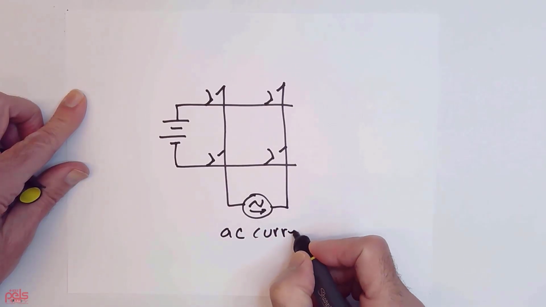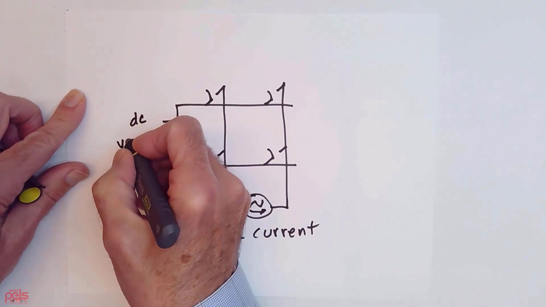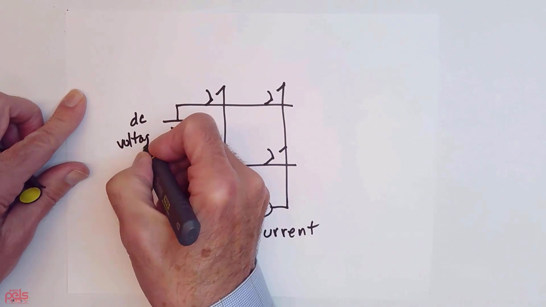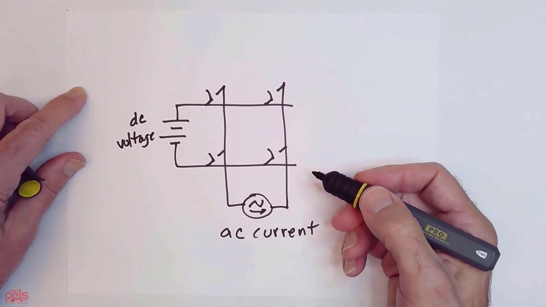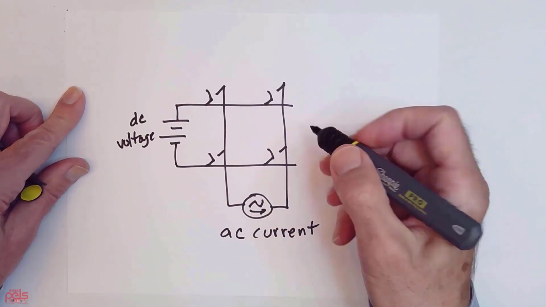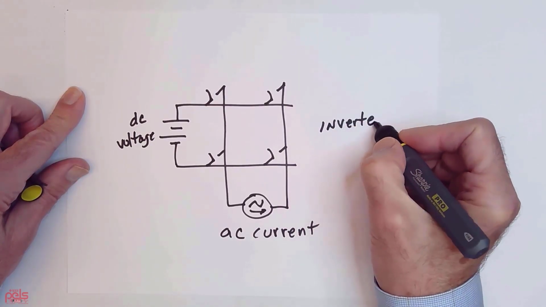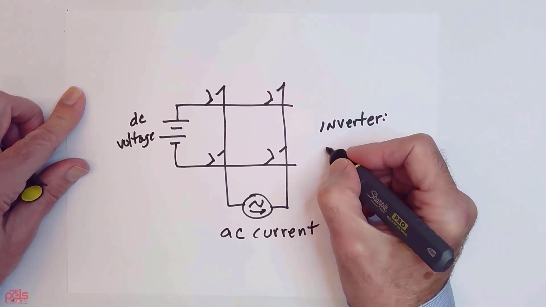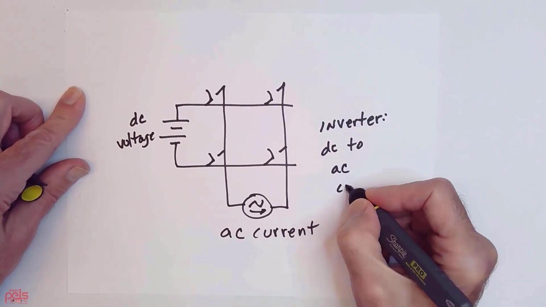So my input is DC voltage. My output is AC current. And here we have sort of the generic version of a voltage sourced inverter, right? So an inverter, just to remind everybody, is just a generic term for a DC to AC converter.